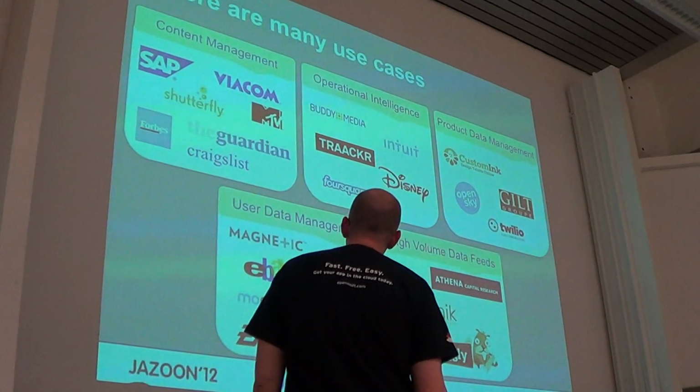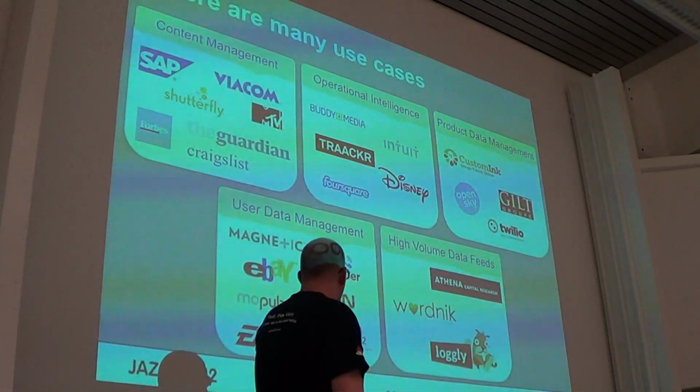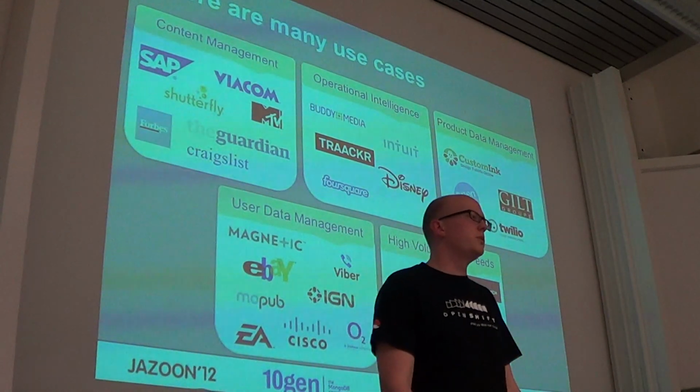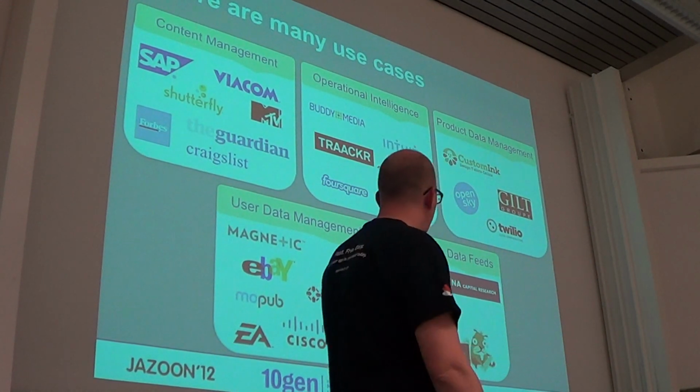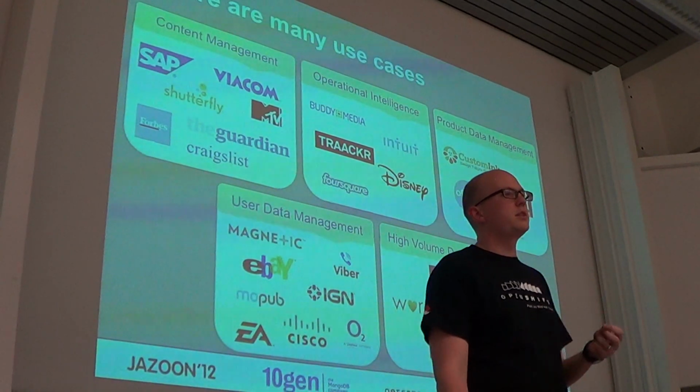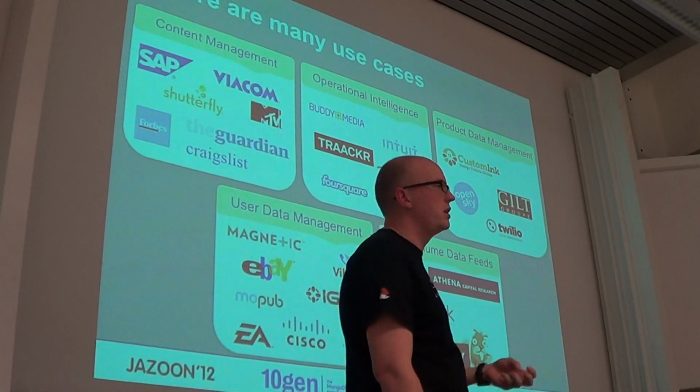Other ones we have are eBay and O2, or Telefonica, who use it for their priority moments. If you're on your phone in the UK, and soon across the EU, it uses the geospatial features to find offers that are near you.